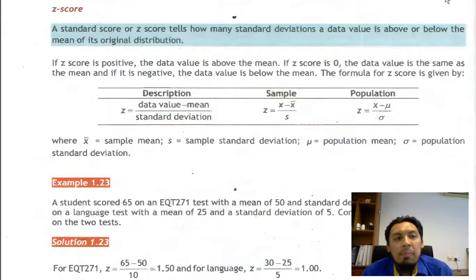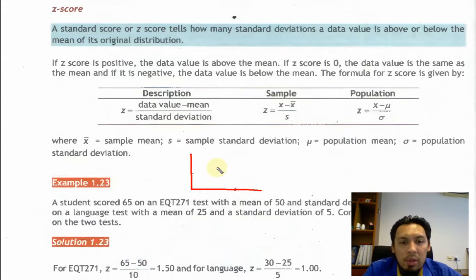The last measure of position that we have in our syllabus is z-score. Z-score is commonly related to normal distribution. So, in other words, to use z-score, you need to make sure that your data is normal.